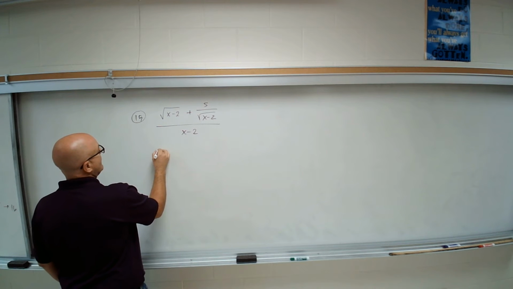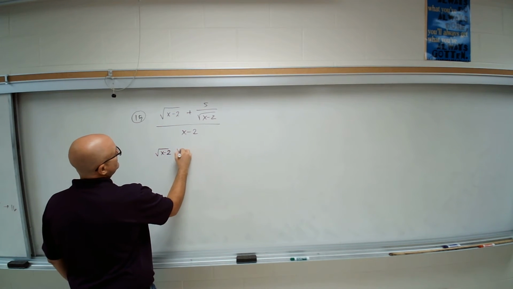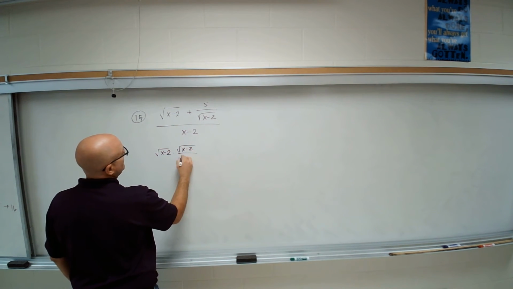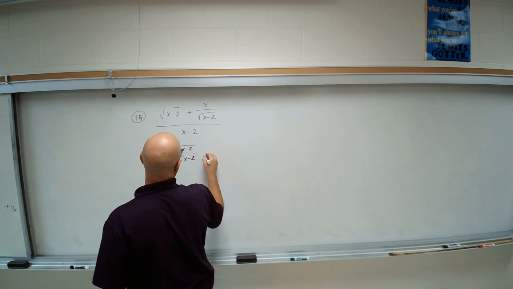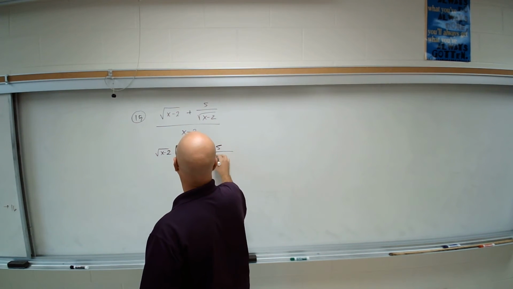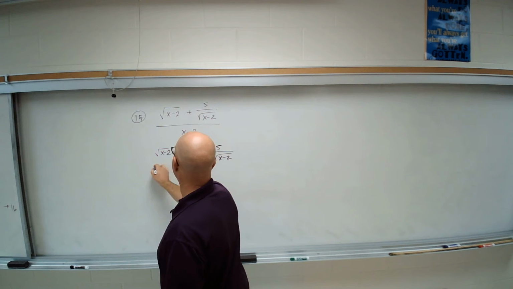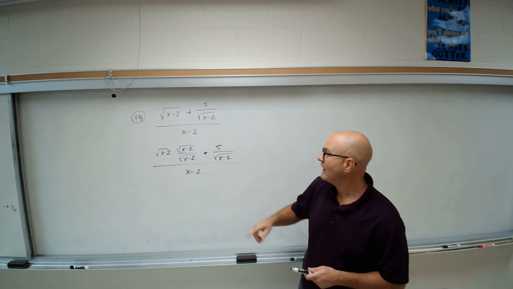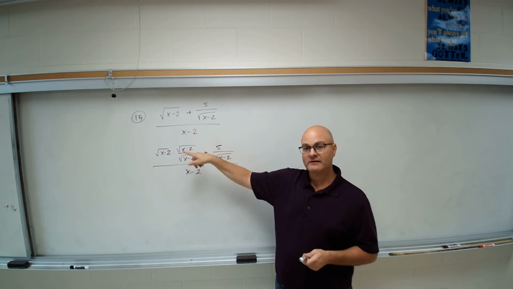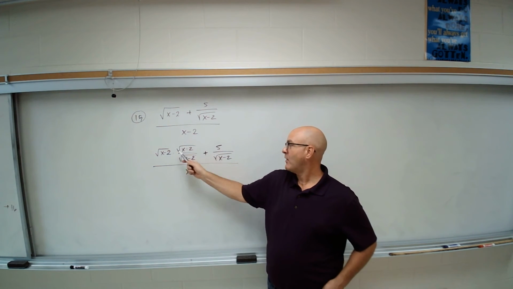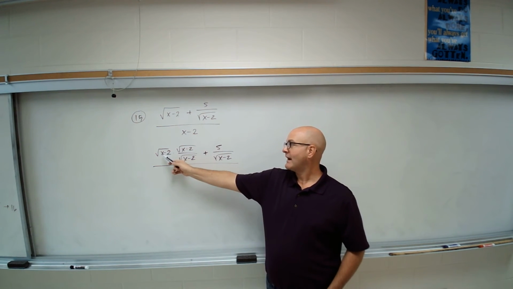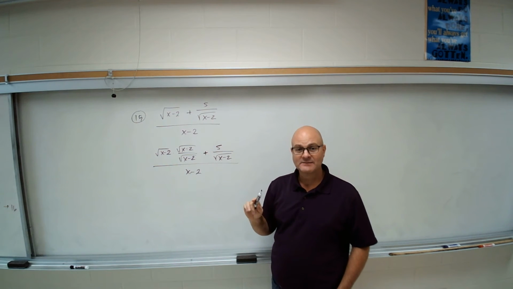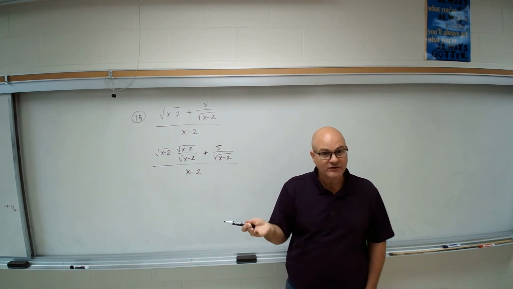So we're going to take the radical x minus 2 that's there and multiply it by radical x minus 2 over radical x minus 2 plus 5 radical x minus 2 over x minus 2. So all I did is I multiplied in by this factor here. Okay. Now when I multiply these two together, radical x minus 2 times radical x minus 2 is just x minus 2.